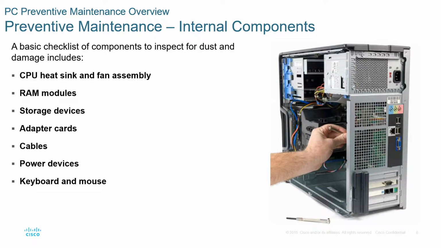For all of these components, make sure you check on a regular basis, and make sure you keep all these parts clean and free of dust as much as possible.